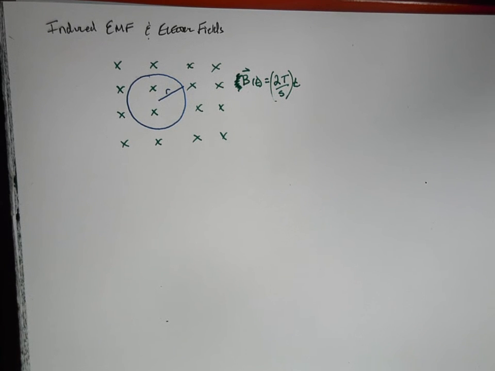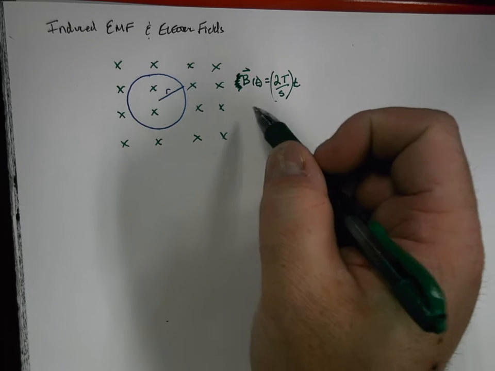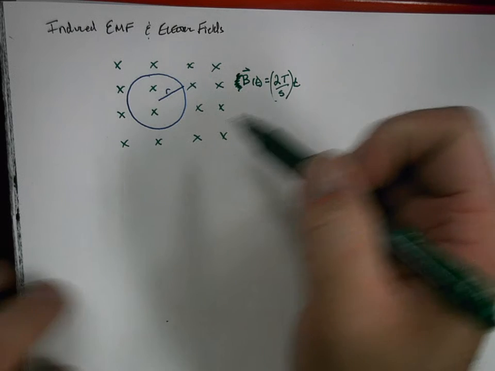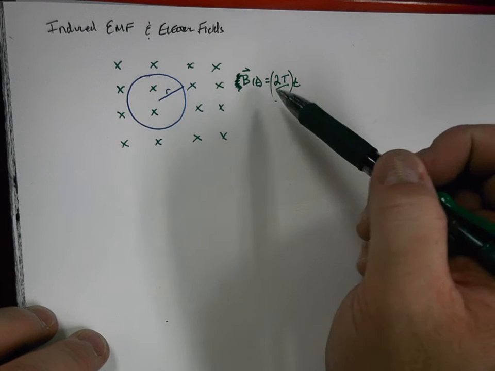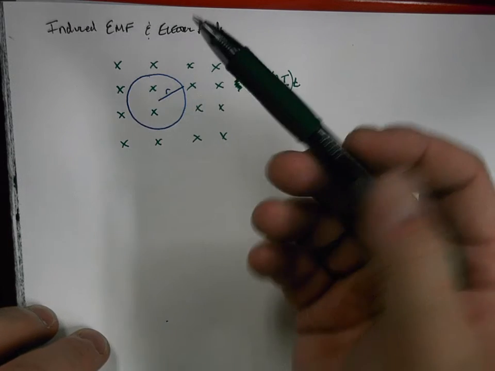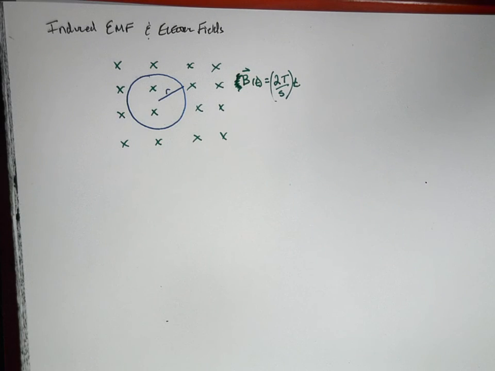All right? Now, if it's changing at 2 Teslas per second, that means it's changing in which direction? Well, if our x's are into the page, then it's changing into the page, right?